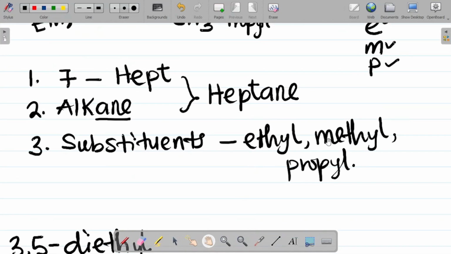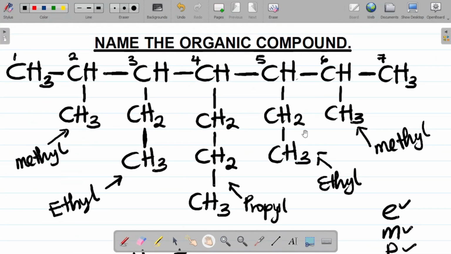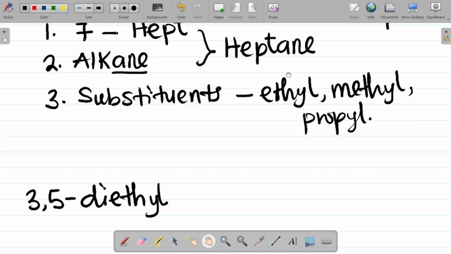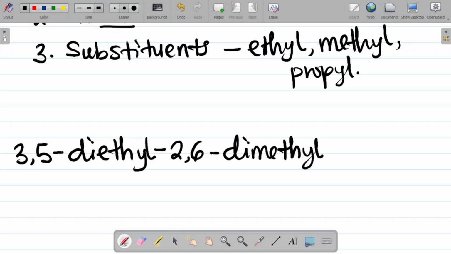I'm done with ethyl. Let's pick methyl. Methyl is at positions 2 and 6. So it becomes 2,6. Since I have 2 methyl, it becomes dimethyl. So you use di whenever the count is 2.